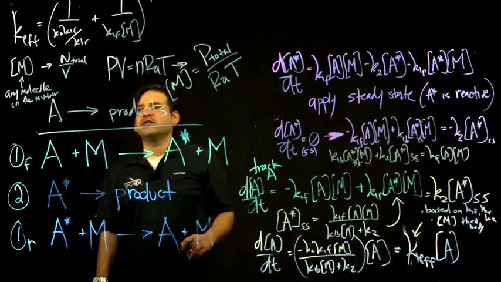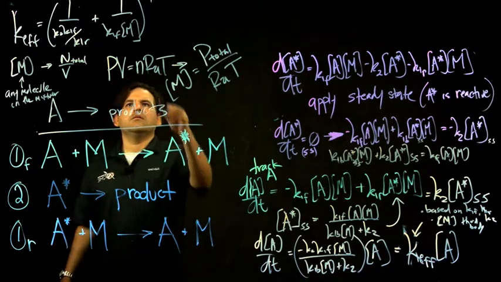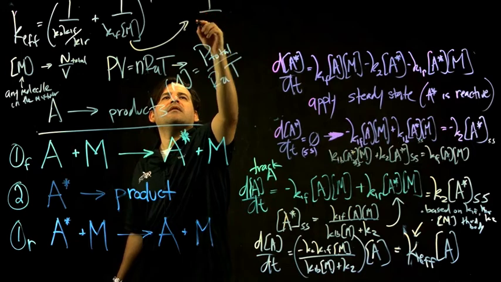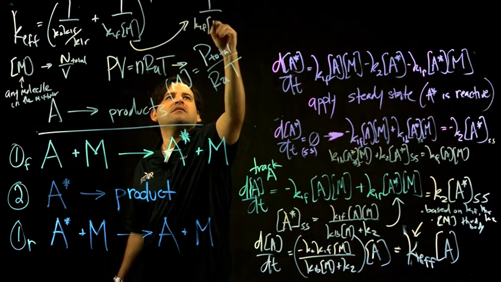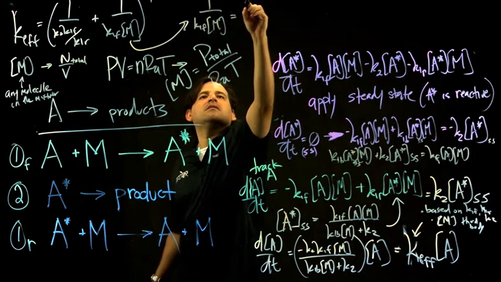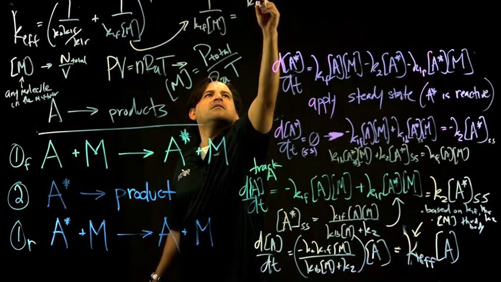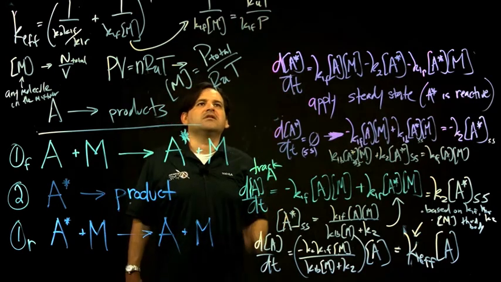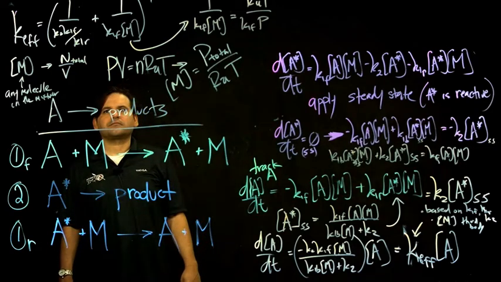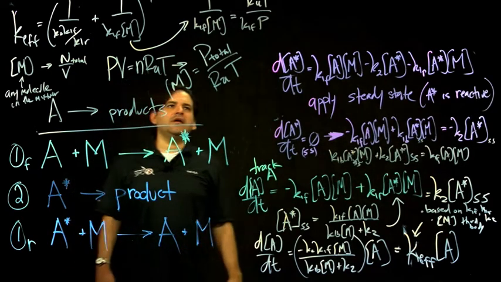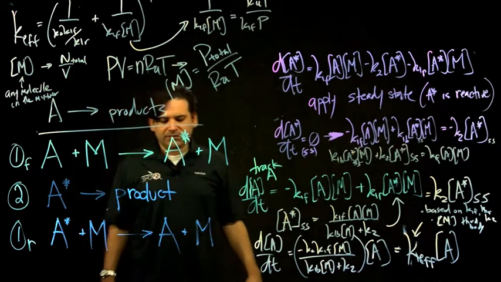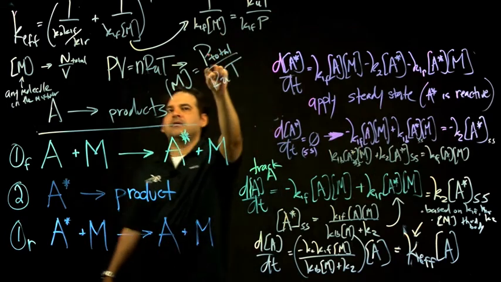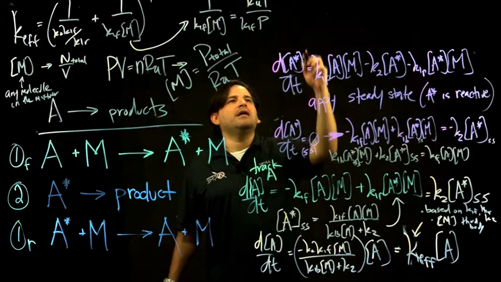So if we look at this expression here, we can plug in that this second term there, K1F, depends on the total pressure in the system. So as P goes to 0, this term dominates.